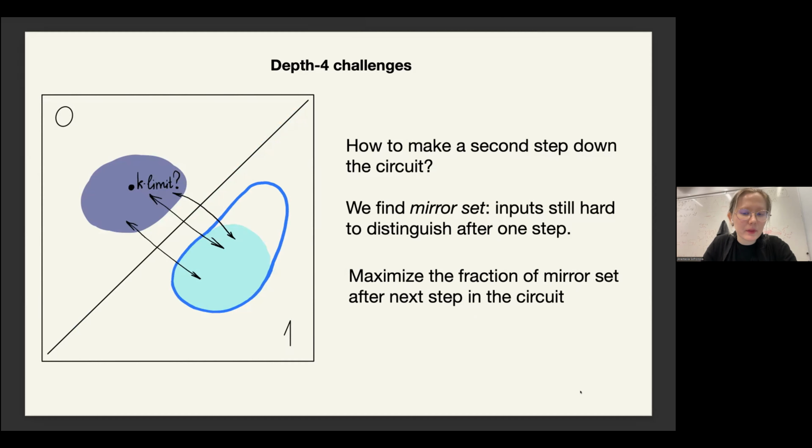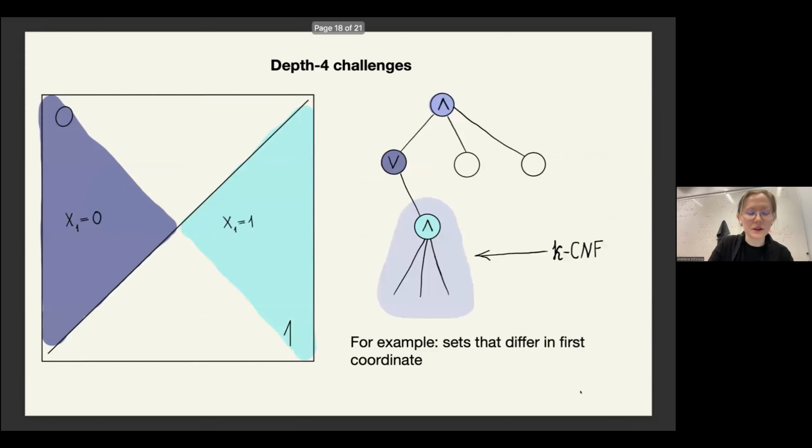Just to ask, sorry, I understand we're still at the intuitive level, but did you say that the first step you can just go for the biggest set? You're not worrying about a formal counterexample? Okay. How would you find the mirror set in your previous example?